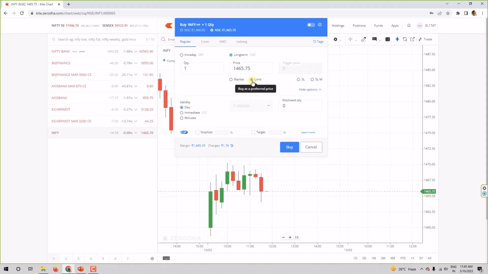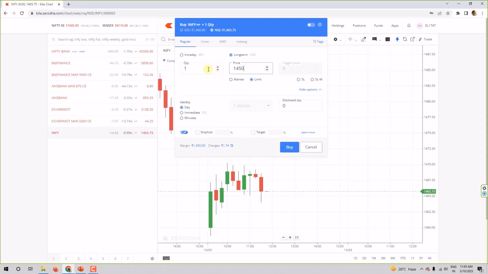Now that is market order. Limit order means you can set the price limit. Currently it is 1465 rupees. I will enter 1450 rupees and then hit the buy button. When I do that, it will go into my order book.